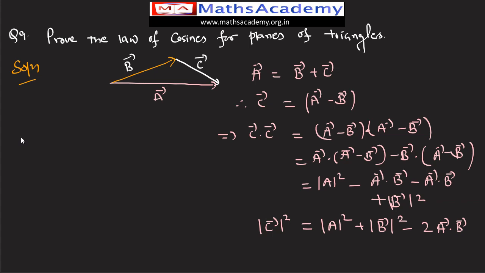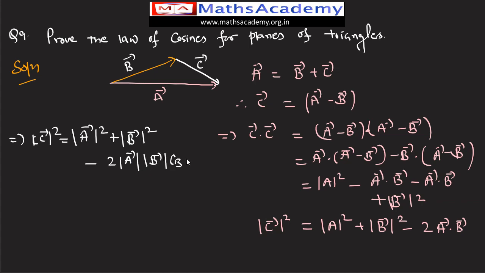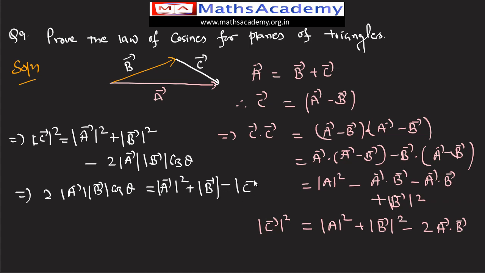So now we can write mod of C square is equal to mod of A square plus mod of B square minus 2 times mod of A into mod of B into cos theta. So now we notice that 2 times mod of A mod of B cos theta is equal to mod of A square plus mod of B square minus mod of C square.